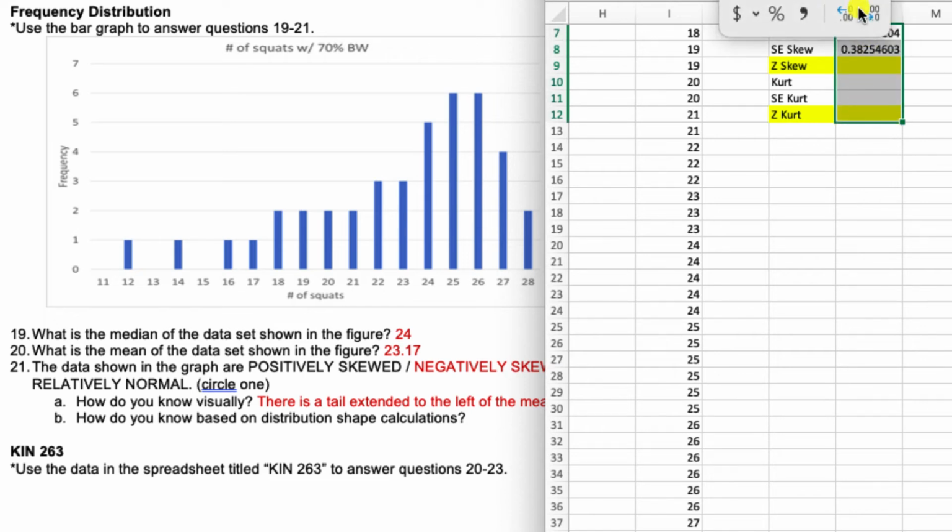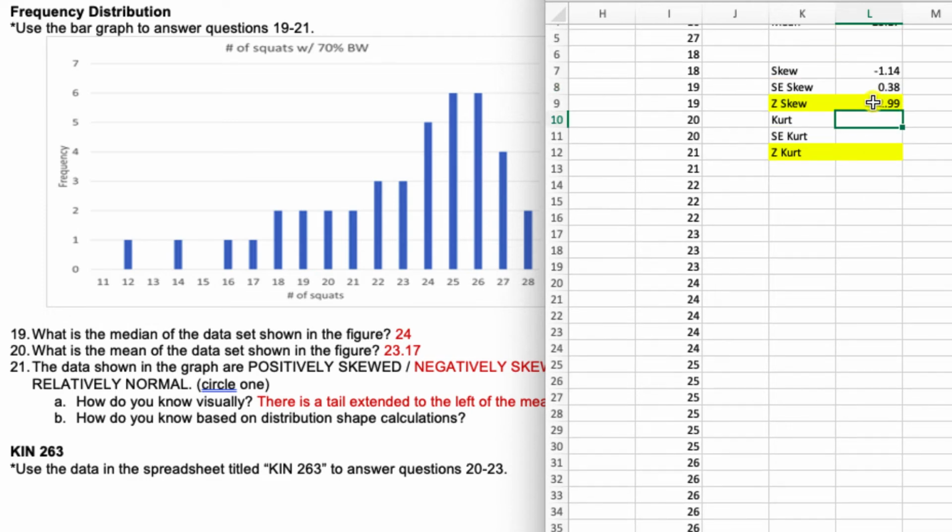I'm just going to make all of this section 2 decimal places. Z-skew is our sample skewness divided by the standard error. So we can in fact see we've got negative skewness just based on that value because it is less than negative 1.96, which is our cutoff.